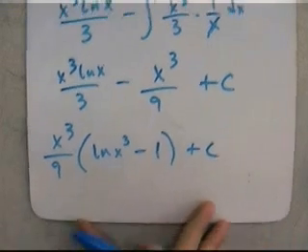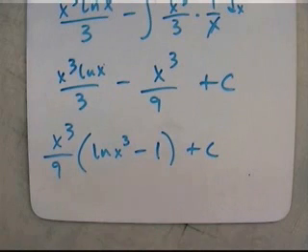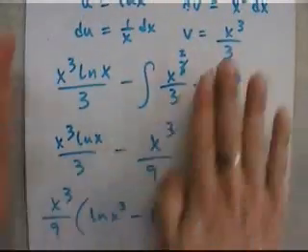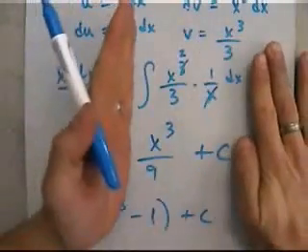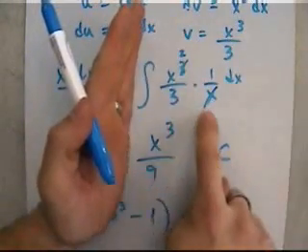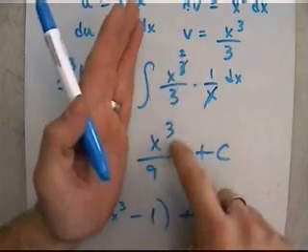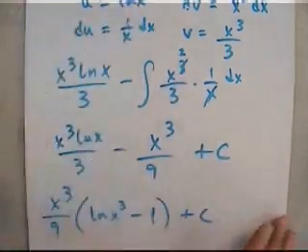Not that it really matters. How did you get from here to here? I didn't change that. All I did was do this integral right here. I reduced an x first, which is x squared over 3, and then the power rule, so x to the third over another 3, which gives 9 on the bottom.